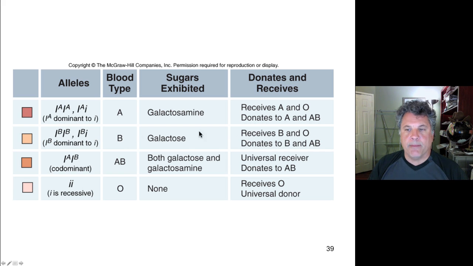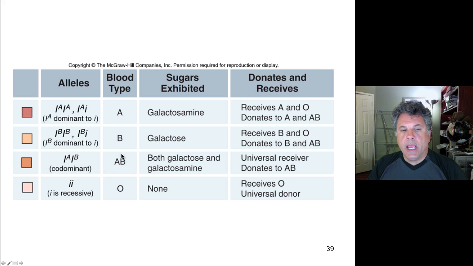So if you are blood type B, you can receive B and O and be fine because you're not making antibodies against B. And O doesn't have any B or A protein on it, so you won't recognize that as foreign. And blood type B can donate to B and AB because neither B nor AB has antibodies against the blood group proteins in your blood.